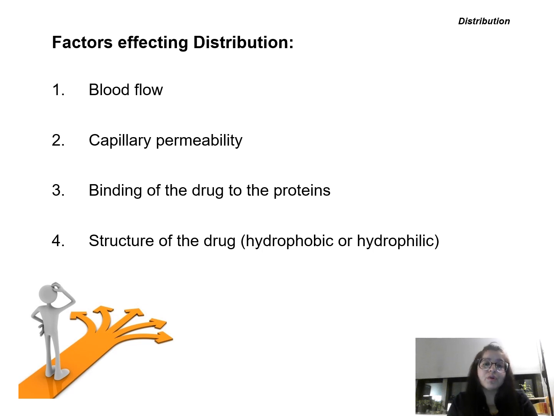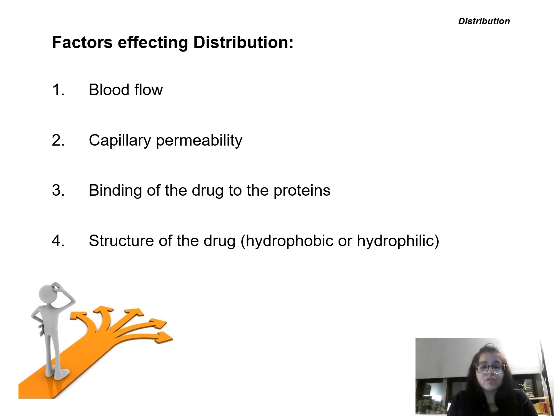However, if the drug is hydrophobic, a lesser amount of the drug would be able to transfer from the blood capillary to the extracellular fluid, into the cells and into the tissues of the body. So these are all important factors that affect drug distribution.